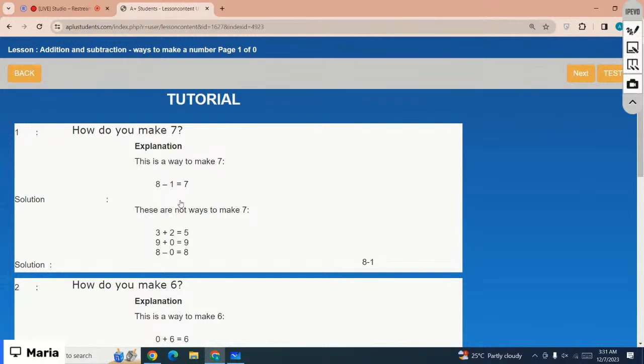Okay, let's start with the test question. You just have to add or subtract them and see which is the correct option, right?